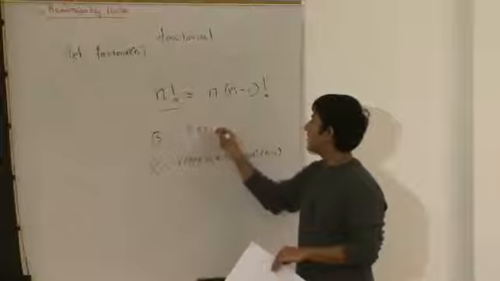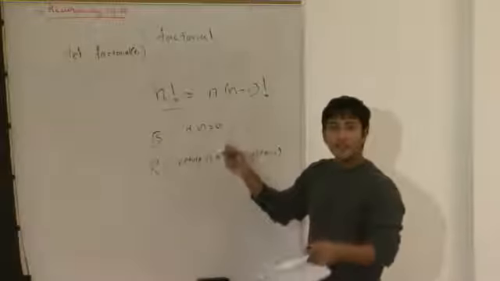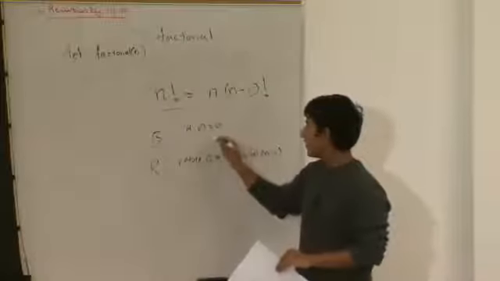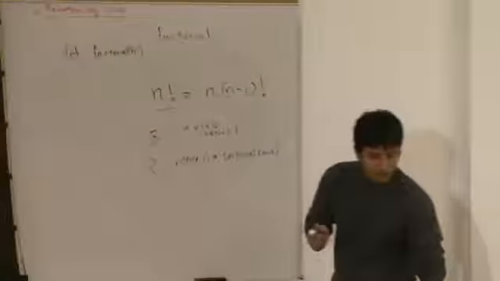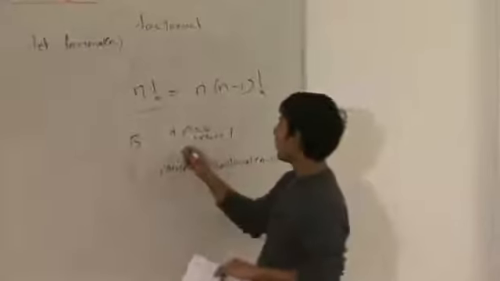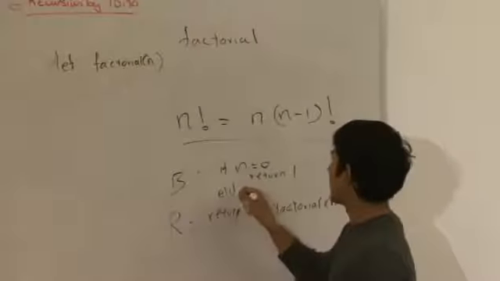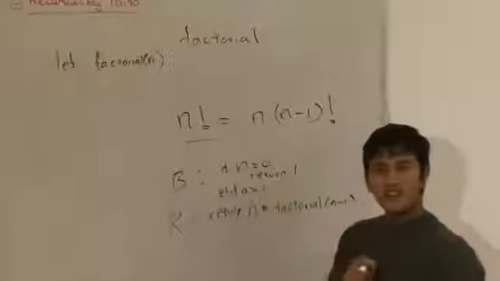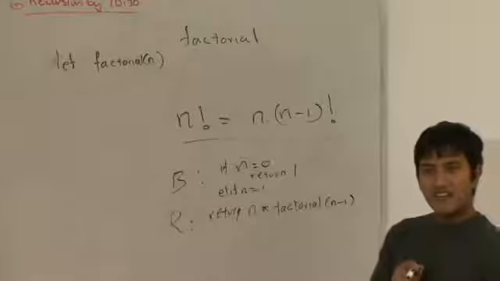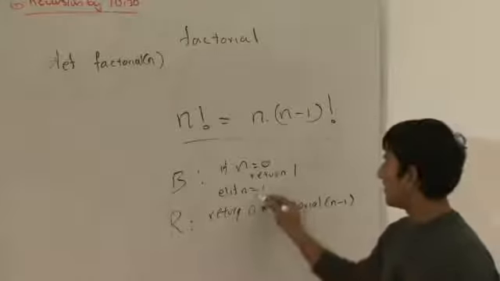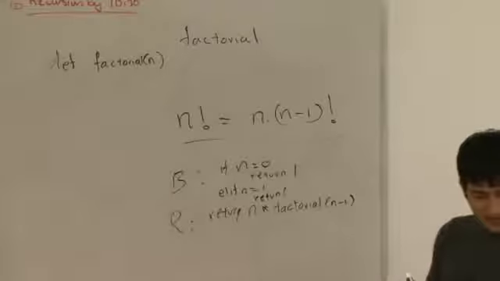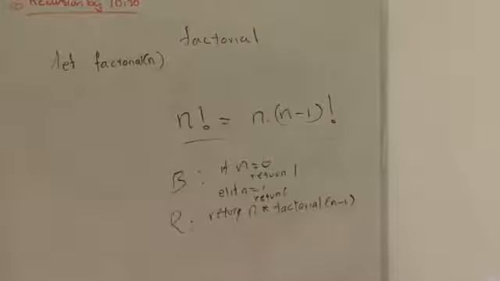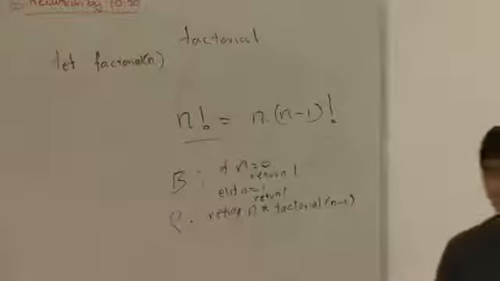If n is equal to 0, we know factorial of 0 is 1, right? What is factorial of 1? 1. Okay?